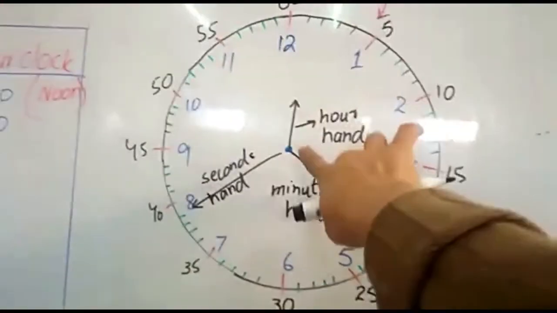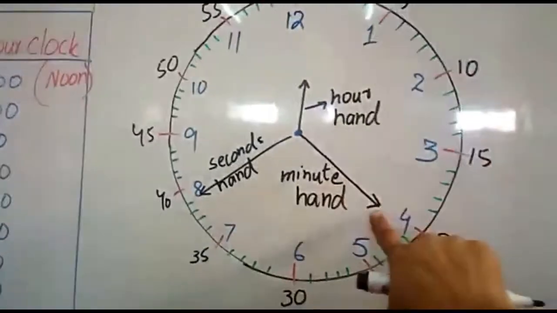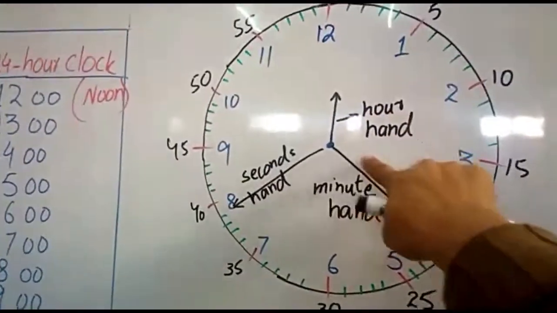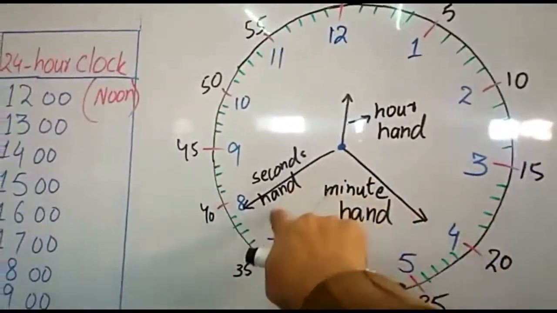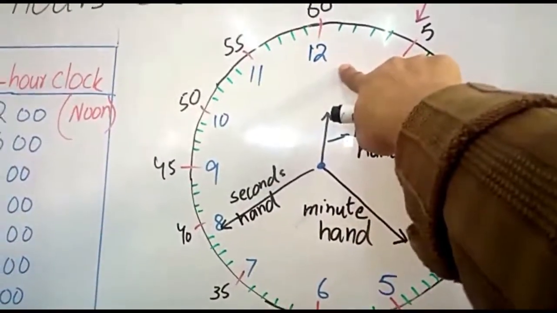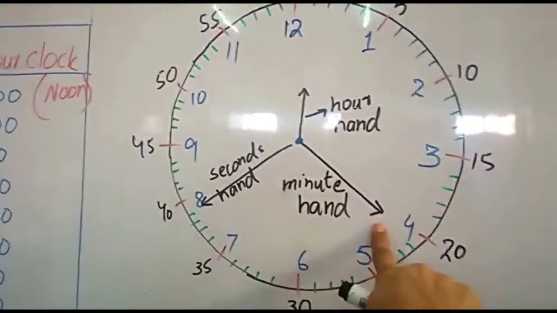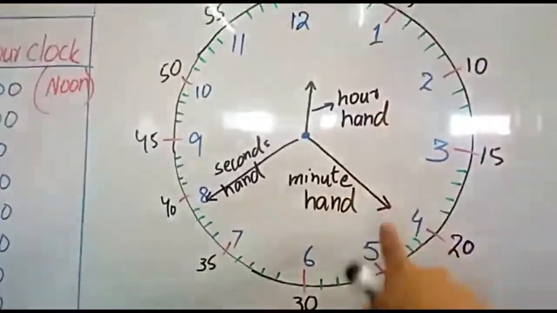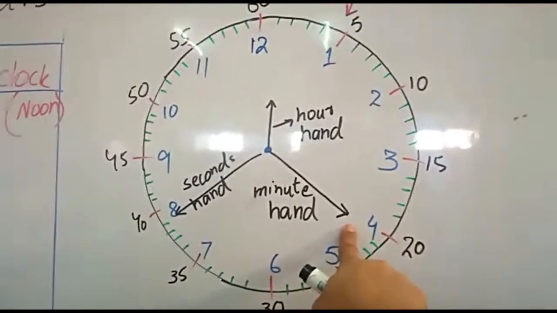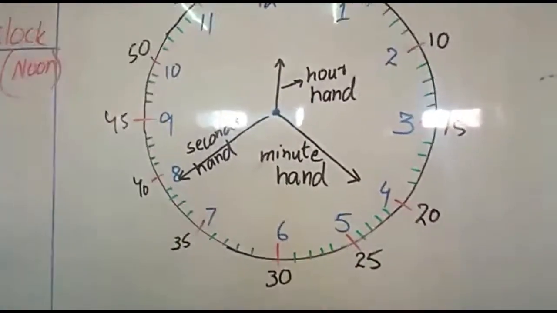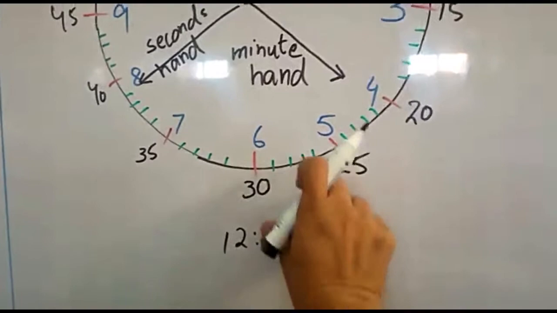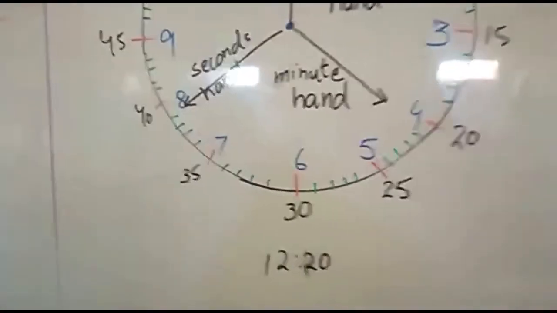Whenever the hour hand is here, you can see the time is 12. The hour hand shows us the hours, the minute hand shows minutes, and the second hand shows seconds. Now if the hour hand is after 12 o'clock, and the minute hand is near 4, then 4 fives are 20, so the time is 12:20.